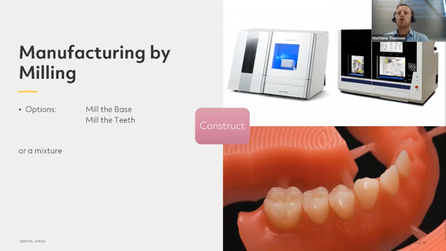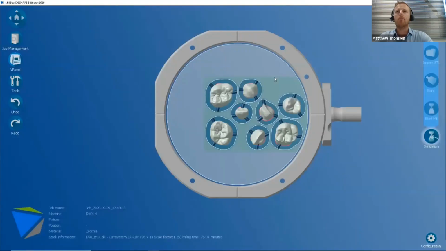Also, it's got a really strong spindle, looking at 2.6 kilowatts, and it's even got water cooling, because it is such a strong, grunty spindle. You do need to have that coolant flowing around the spindle to keep it cool and to keep it milling optimally. So a few things to consider when you're milling your teeth in your base. If we move on to the next slide now, we'll look at manufacturing by printing.